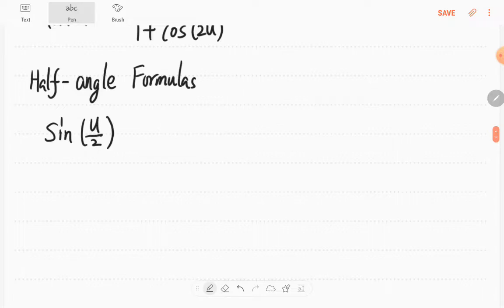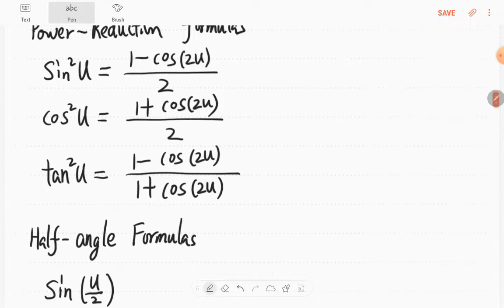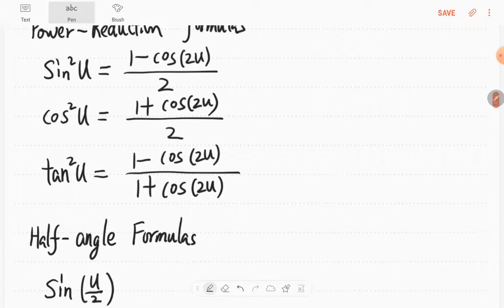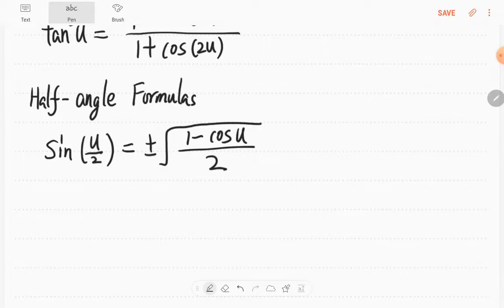We will use the same thing: you treat this u as u over 2, so 2u becomes u. Since it's squares, you can have plus or minus square root of 1 minus cosine u over 2, right?